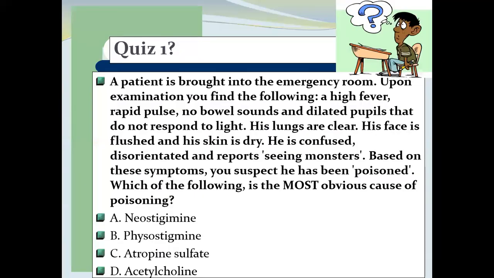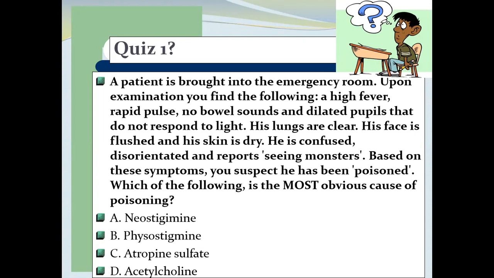So let us see whether we can remember whatever we have discussed. A patient is brought into the emergency room. Upon examination, you find the following: temperature is high, pulse is rapid, pupils are dilated and do not respond to light. His lungs are clear, his face is flushed, and his skin is dry. He is confused, disoriented, and is seeing monsters.